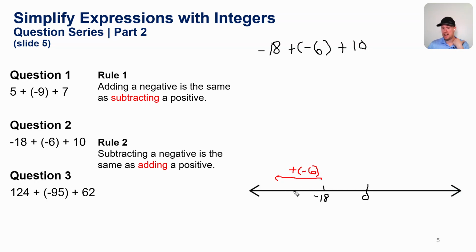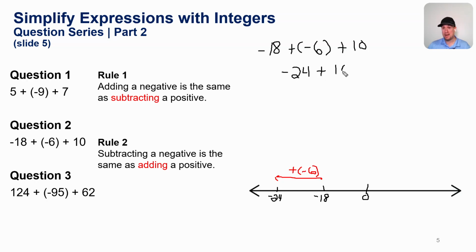Now, this means I stay on the same side of the number line already. I'm already in the negatives, so I'm just making it more negative. I'm adding negative 6 to this, really. So here I am going to end up at a negative 24. So this first step here is going to be negative 24. And then I can drop down the 10.